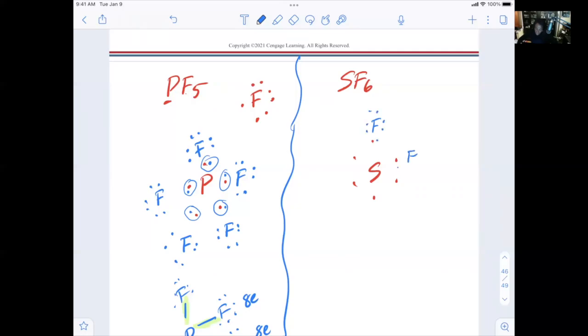Then a fluorine on each remaining side, each with 1, 2, 3, 4, 5, 6, 7, up to the final fluorine. And each of these then become a bond, six bonds in all.